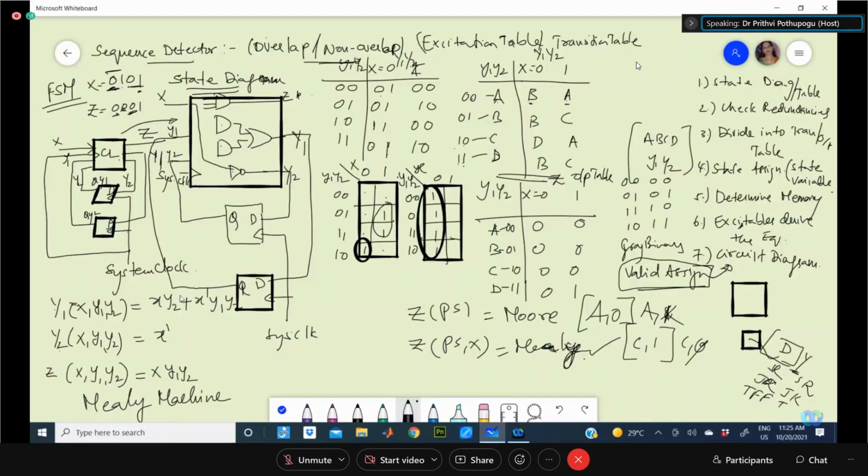Now, the next one is that you have to see for gray assignment also. Actually, this circuit diagram I have shown here directly, but taking this into a gray order also, we have to derive the equation, then see which one is giving a minimal, irreducible form of equation. That should be considered for the physical design. Okay, let me see for this now.